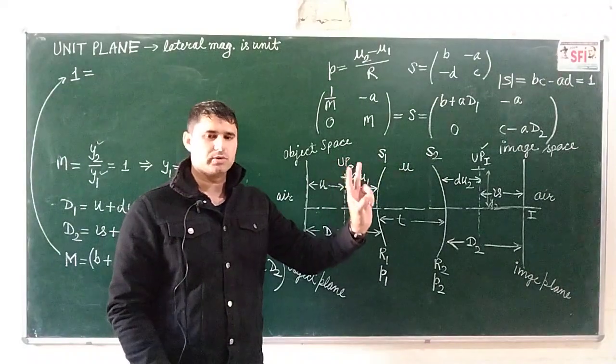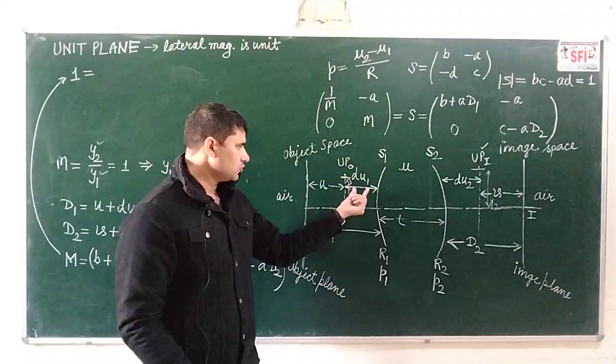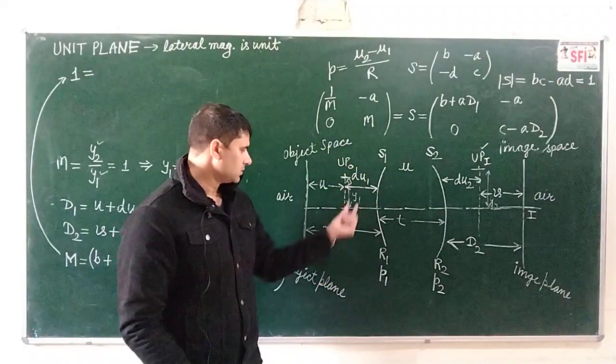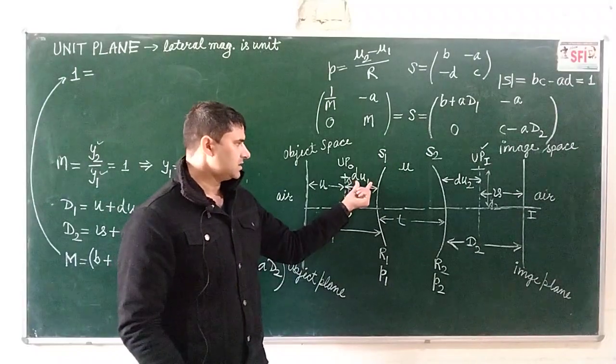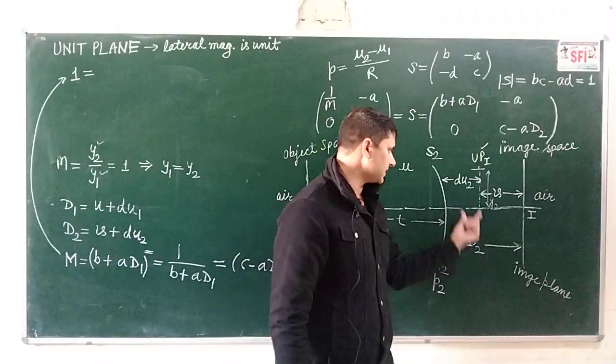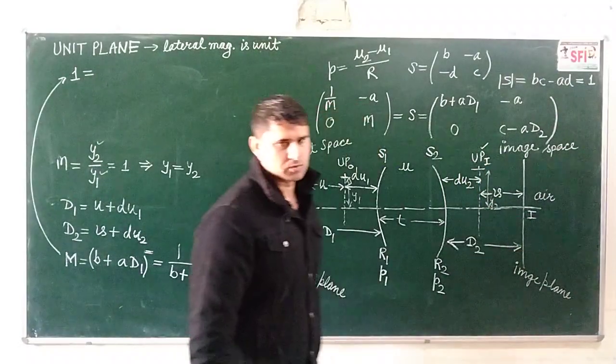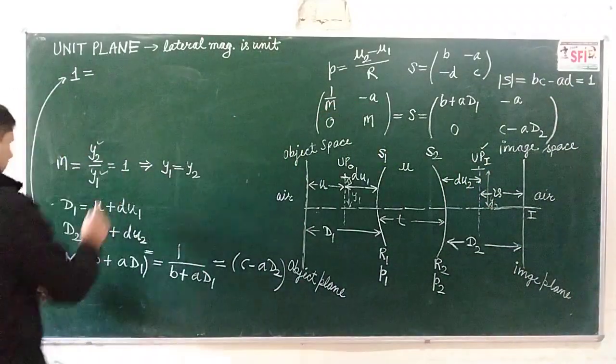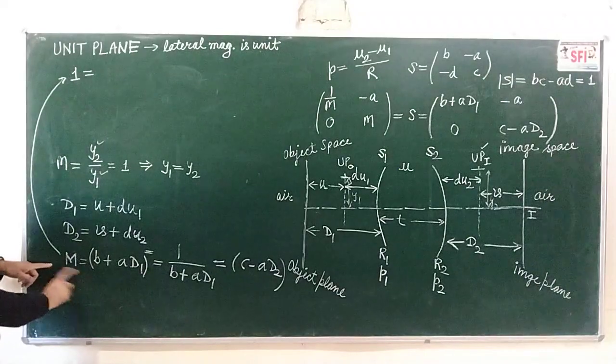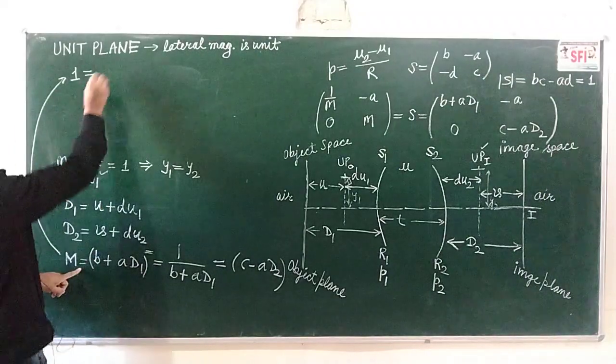So you are to do two things here. One is to put the value of d1 as du1 and the value of d2 as du2 to get lateral magnification equal to unity. So here we have put the value of lateral magnification equal to unity.